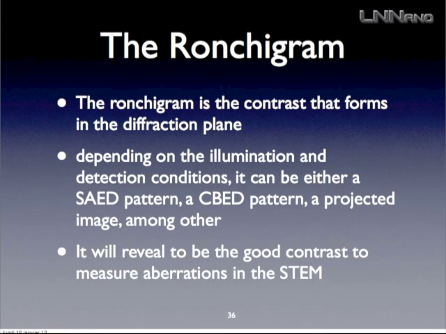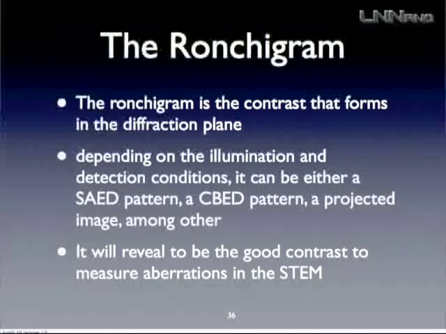In fact, in this diffraction plane, it depends on how you make your illumination, is it parallel, is it convergent, and on your detection: are you detecting just one very little part of it at small angle, at large angle? Are you integrating all the information? Are you having a little bit of sampling on your detector? The Ronchigram can be called selected area electron diffraction, the one you already know, the SAED pattern, or a convergent beam electron diffraction pattern.